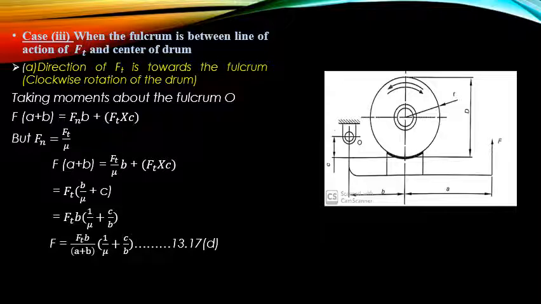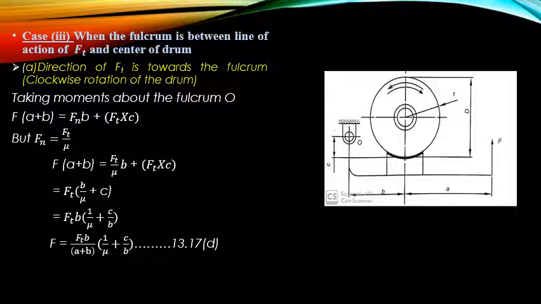Now coming to case 3, where the fulcrum is in between the line of action of the tangential force Ft and the center of the drum. Here again, we consider the two directions, clockwise rotation and counterclockwise rotation.